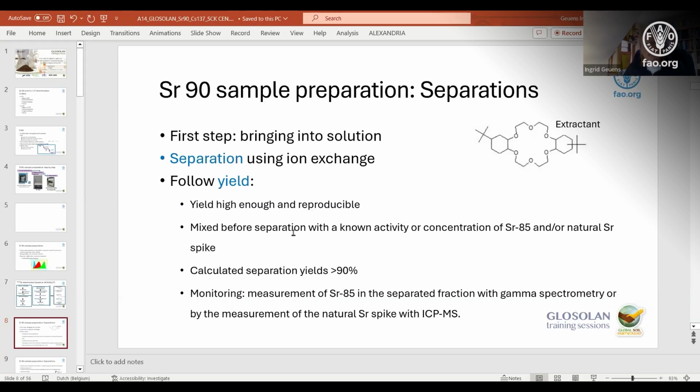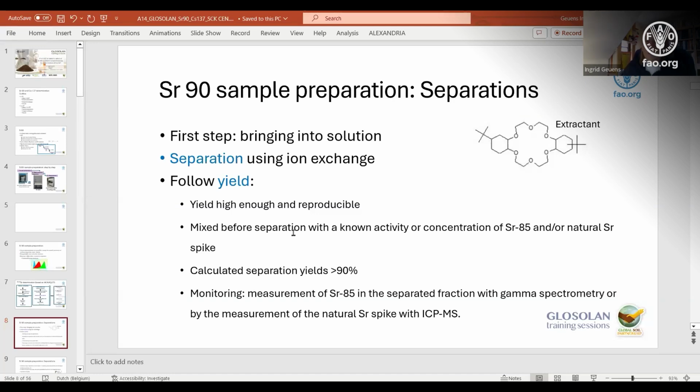Of course, if you do separation, it's important to follow the yield, because if we do a separation and only part of the strontium is going through, either it's reproducible and we can correct for it, or it's not reproducible, then it's even worse. So it's important that we have a high yield and that it's also reproducible. So how do we follow it? We do it every time.